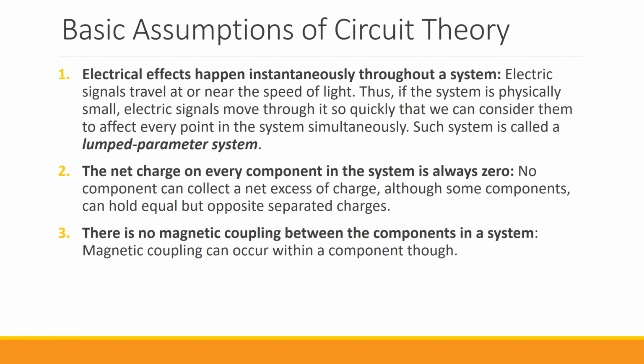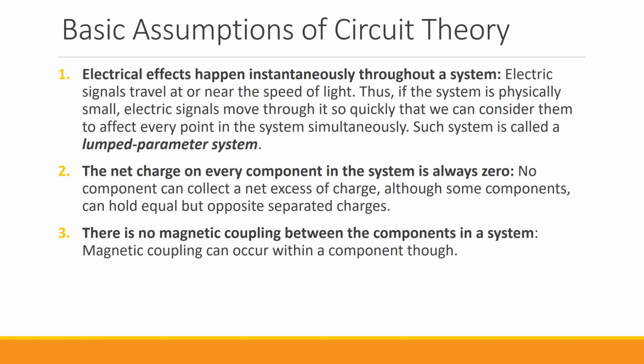If the system is physically small, electric signals move through it so quickly that we can consider the effect to be simultaneous at every point in the system. Because of that, we call such a system a lumped parameter system. I will explain this a little bit more at a later slide.